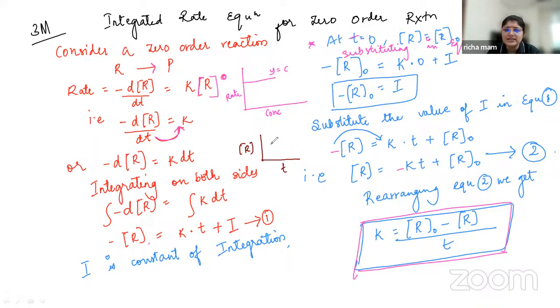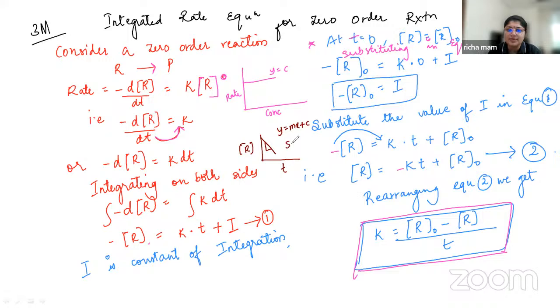This is a straight line, and it is in the form of y equal to mx plus c. So the concentration of R versus time is a straight line with a slope of minus k.